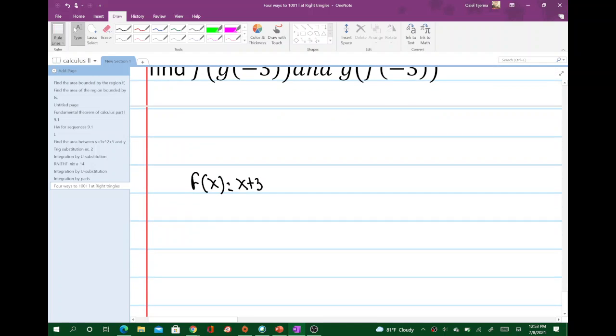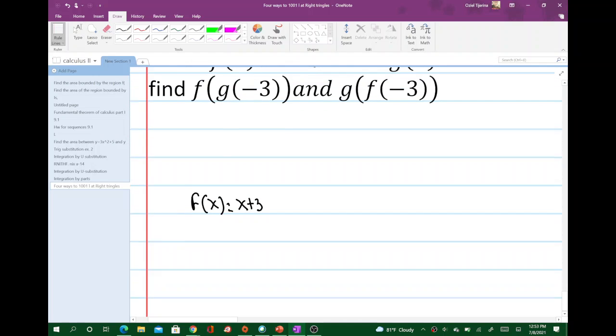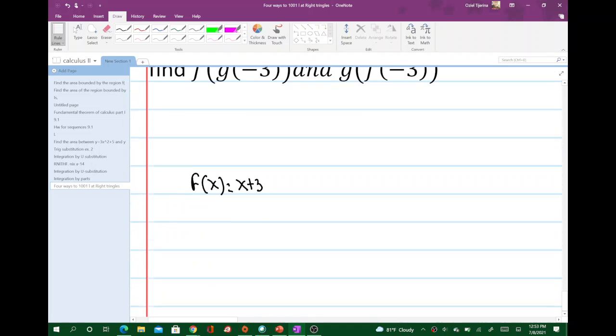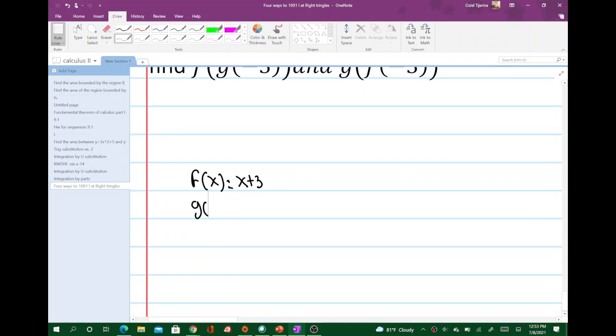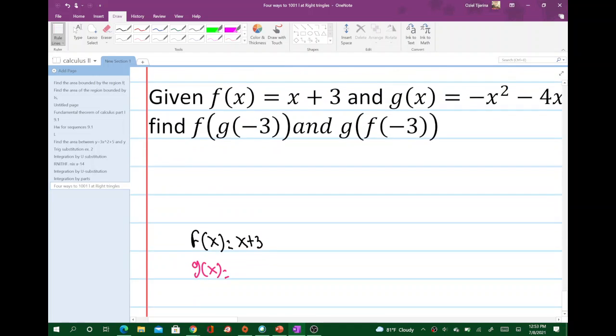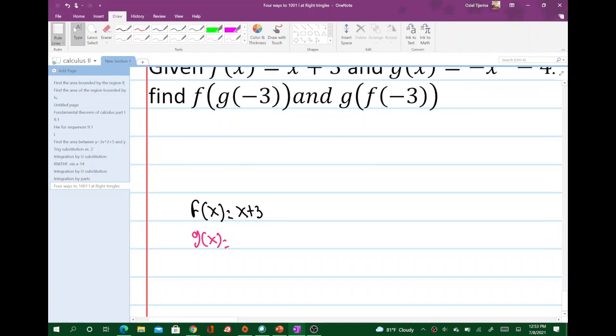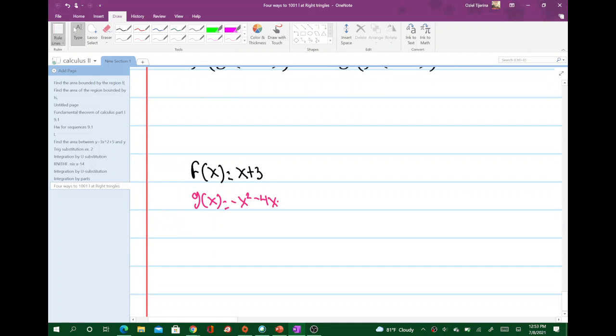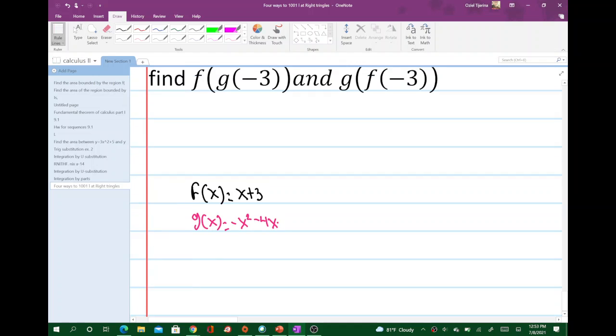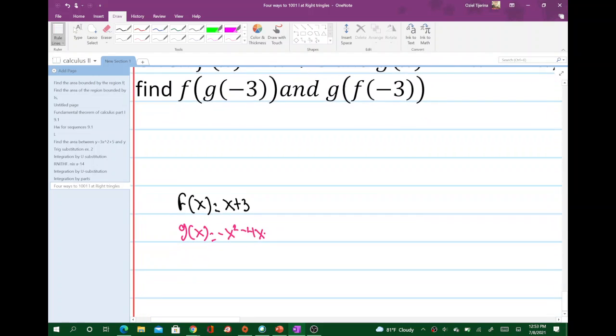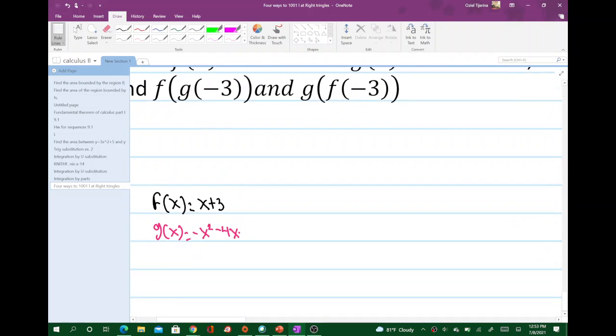So I have f of x equals x plus 3, and g of x, let me write this in a different color. g of x equals negative x squared minus 4x, right? So I want to know what is f of g of negative 3.